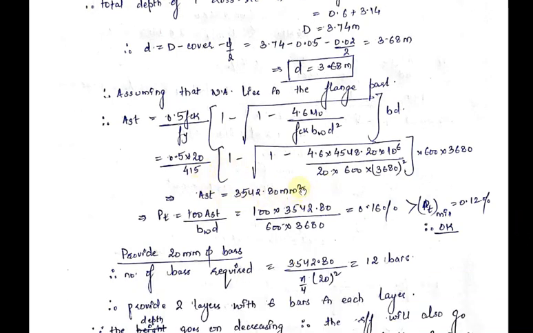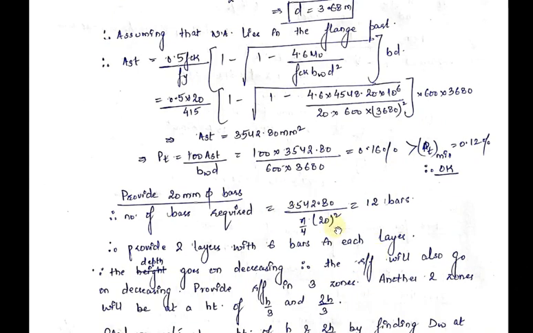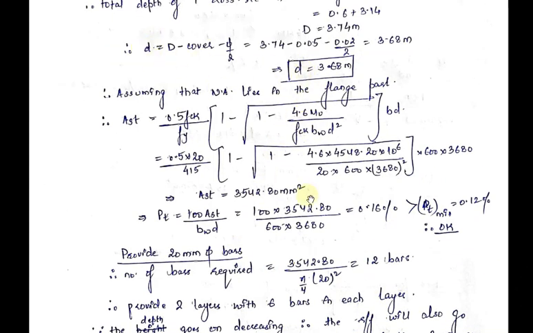Now from this Ast, we can find out the value of percentage steel. It will be 100 Ast upon bw into d. This will come out to be 0.16%, which is greater than the minimum percentage of steel, that is 0.12 percent. So therefore it is okay. Now we will provide 20 mm diameter bars, which we had already assumed while calculating the effective depth.